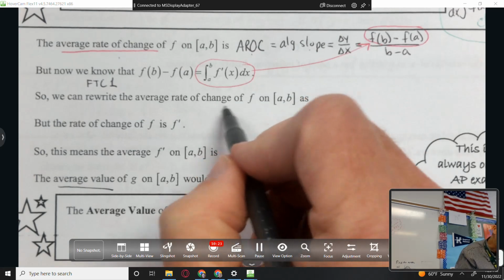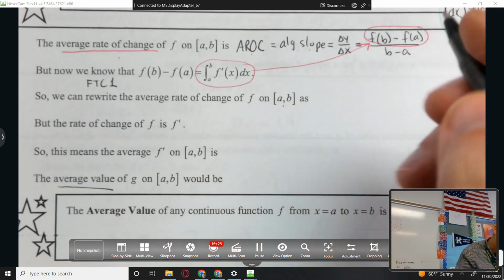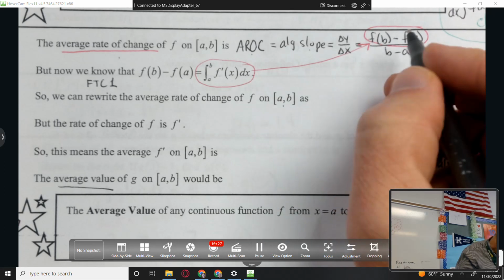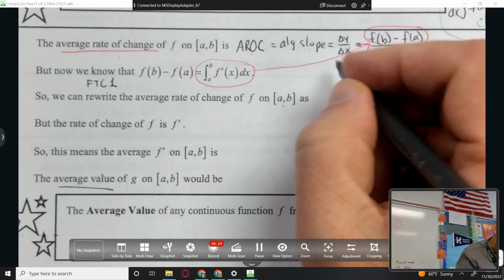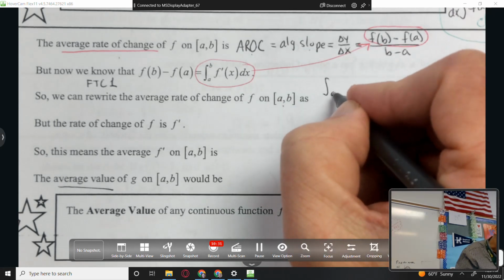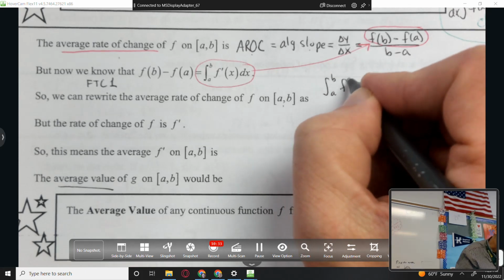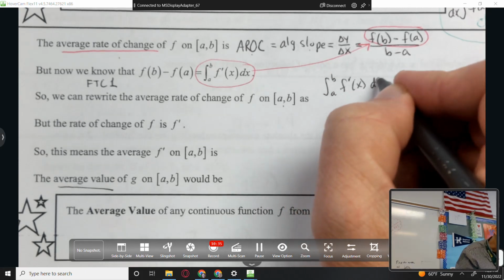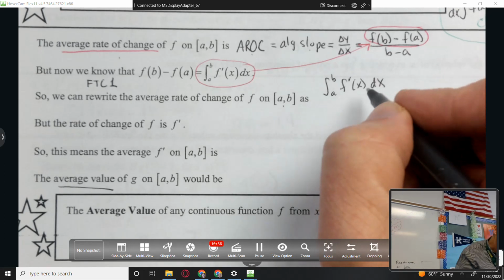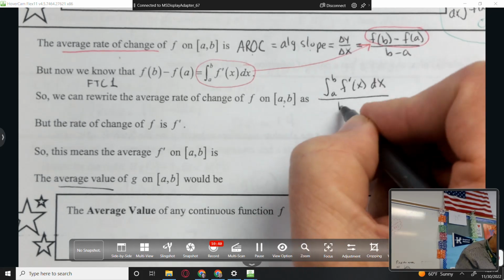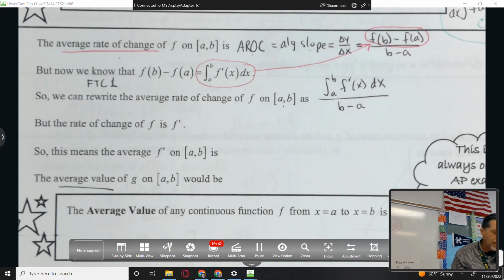So the average rate of change on f is, instead of f of b minus f of a, I'm going to go the integral from a to b of f prime of x dx over b minus a.